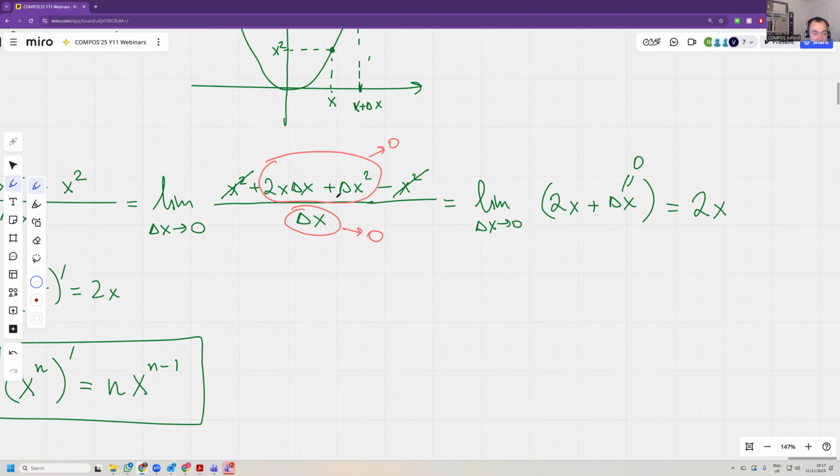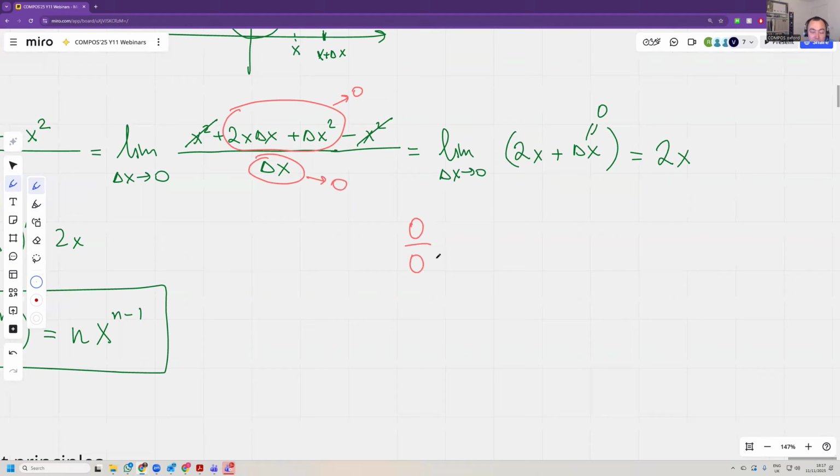But this is called an indeterminate form of 0 divided by 0. 0 divided by 0 is a problem in math because it can be anything.